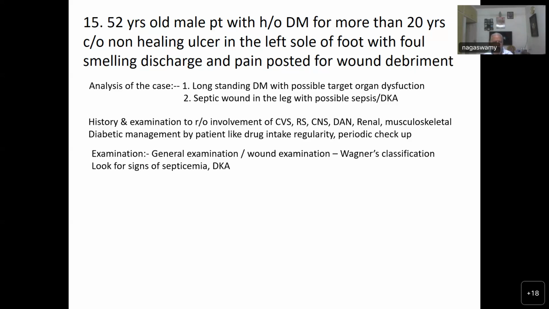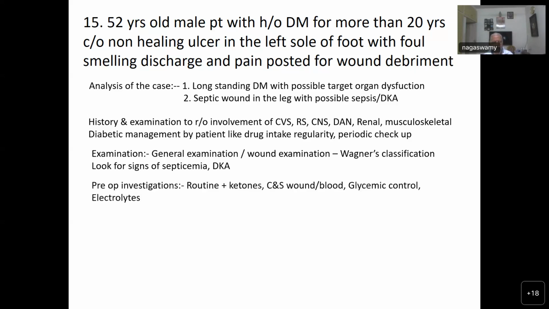Look for signs of septicemia and DKA. This is very, very important. You should never miss all these things. If the DKA is very severe, the patient may have tachypnea, dehydration, hemodynamic instability, that fruity odor smell, all these things may be there.